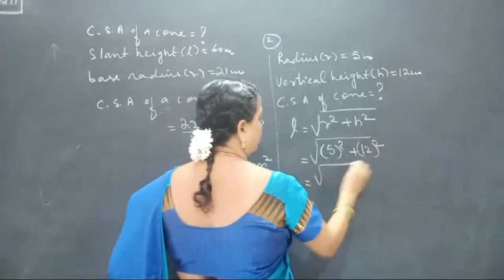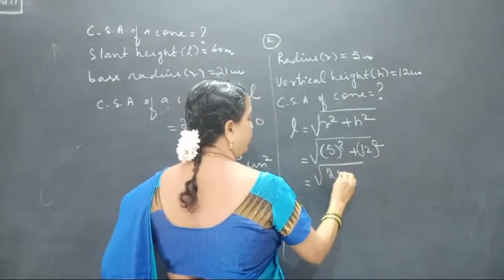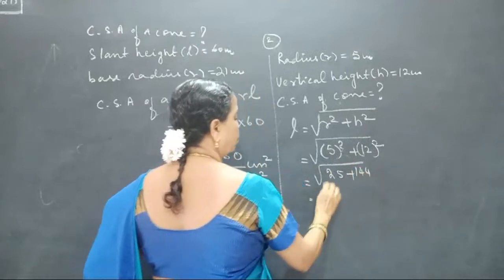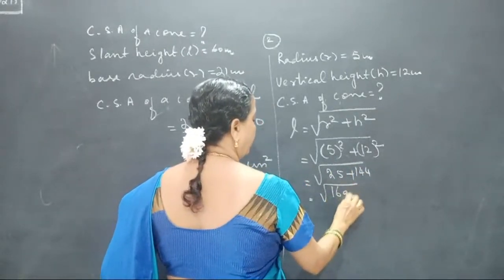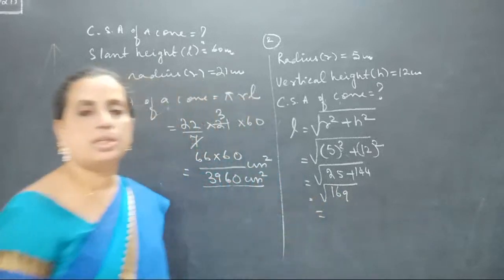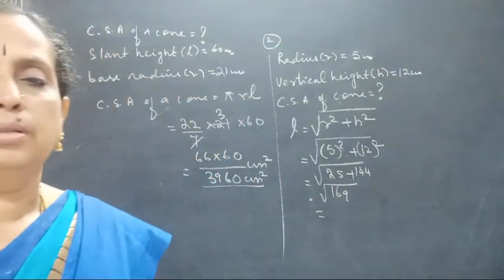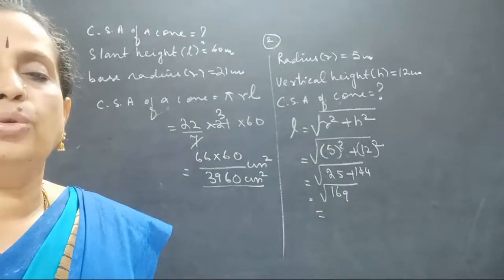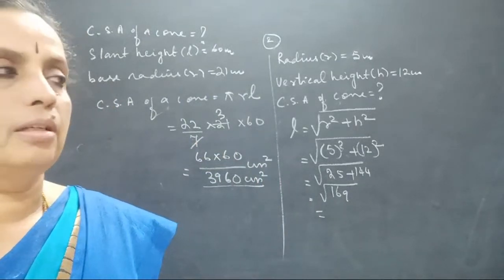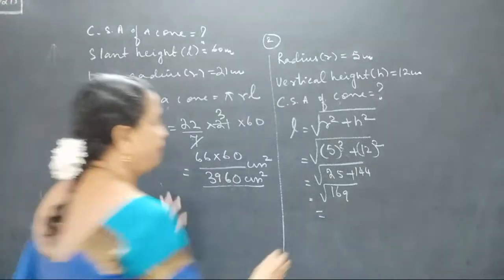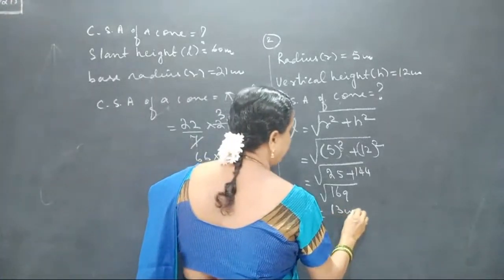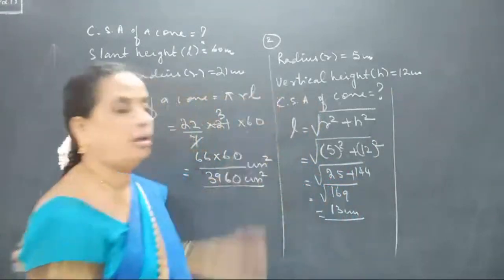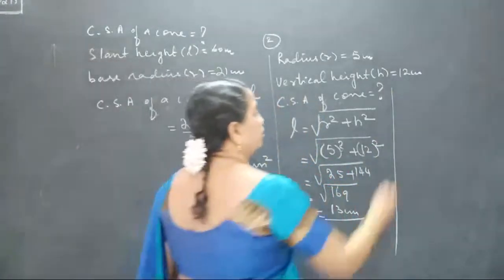Substitute, that is what you get, 25 plus 144, it is root of 169. What is the root of 169? It is 13 centimeter. So we have L, we know R. Now calculate.